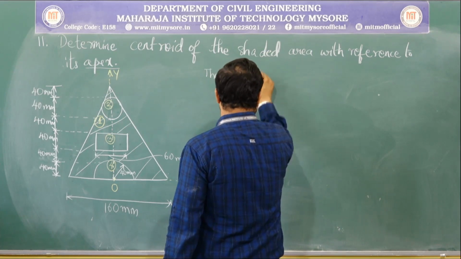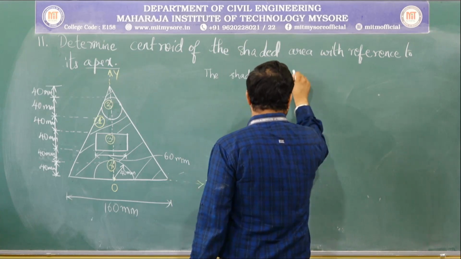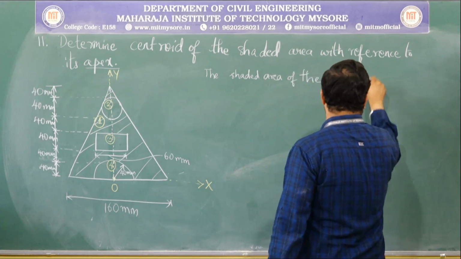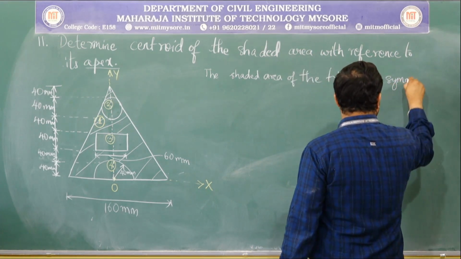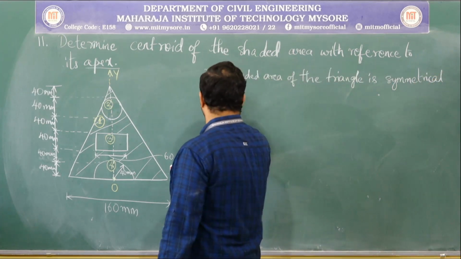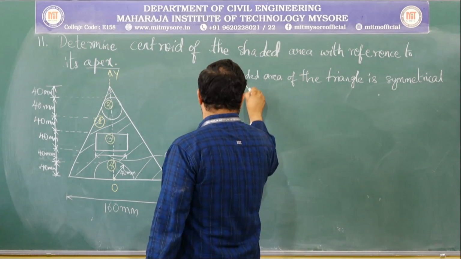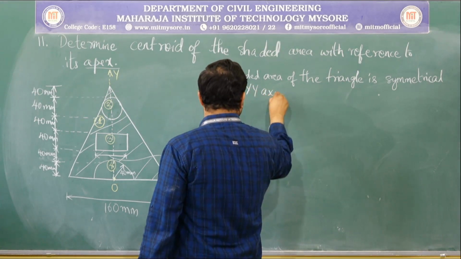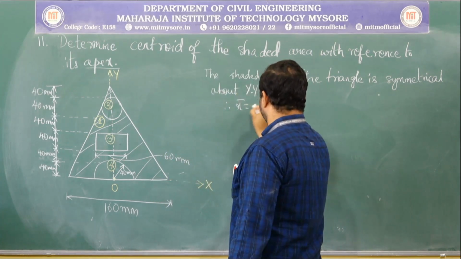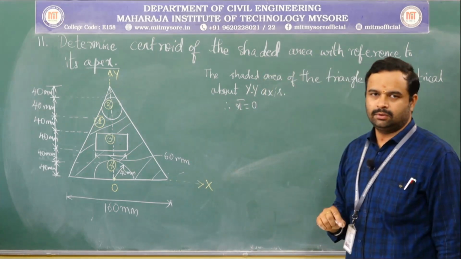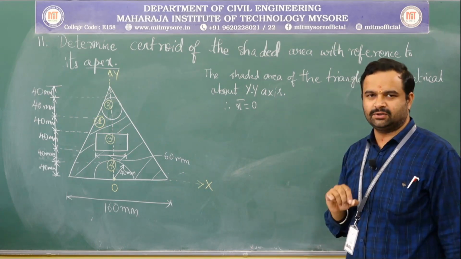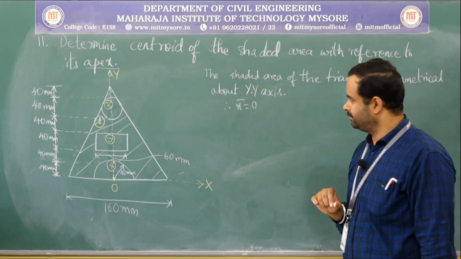The shaded area of the triangle is symmetrical about YY axis. Therefore, x bar will be equal to 0. Okay. We need to only measure y bar with respect to the given axis. Fine.